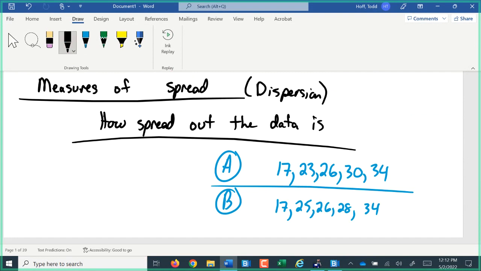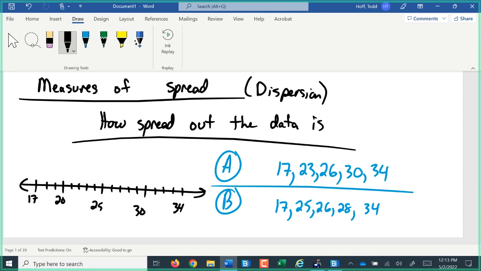Well, if I want to compare those, I can do my dot plot. So I'm going to start at 17 and go all the way up to 34. So there I go from 17 to 34.